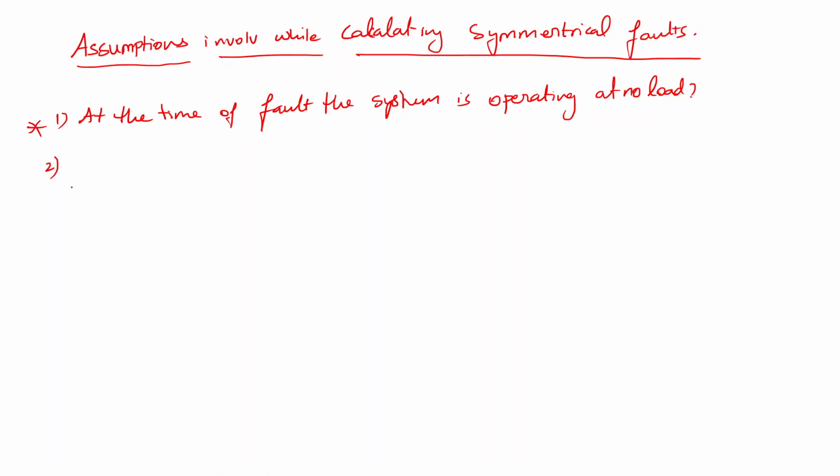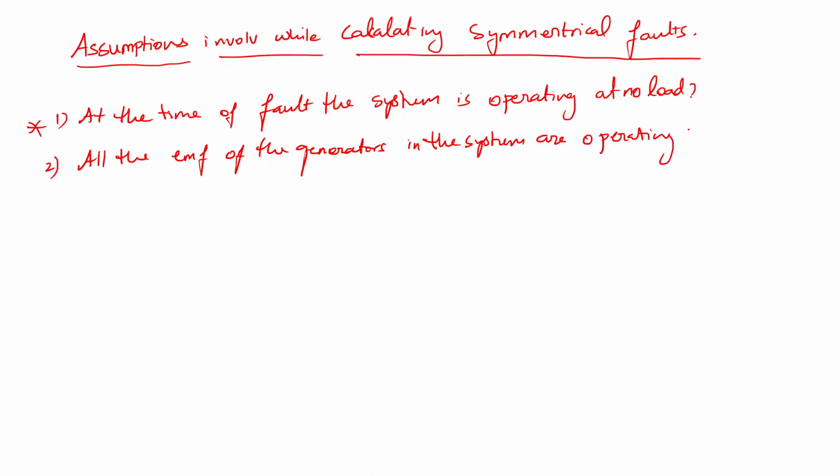Point number two: all the EMFs of the generators in the system are operating at per unit.